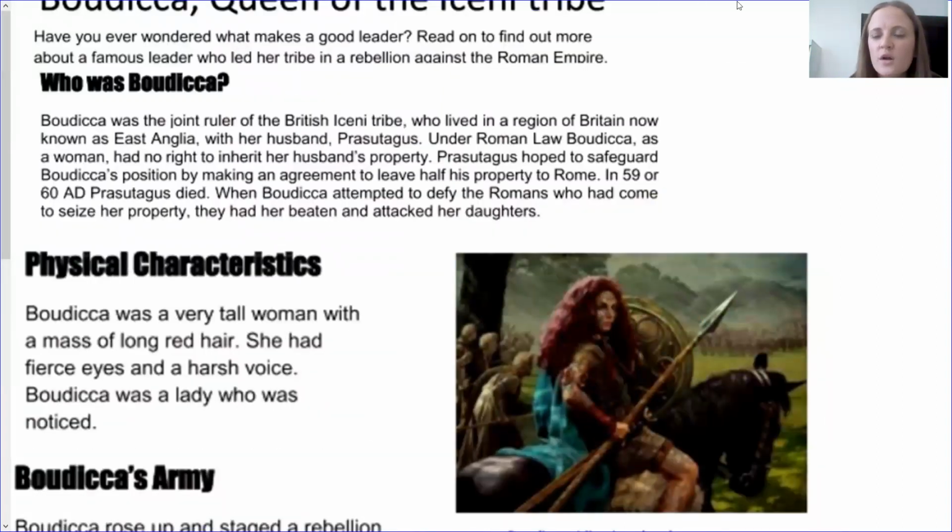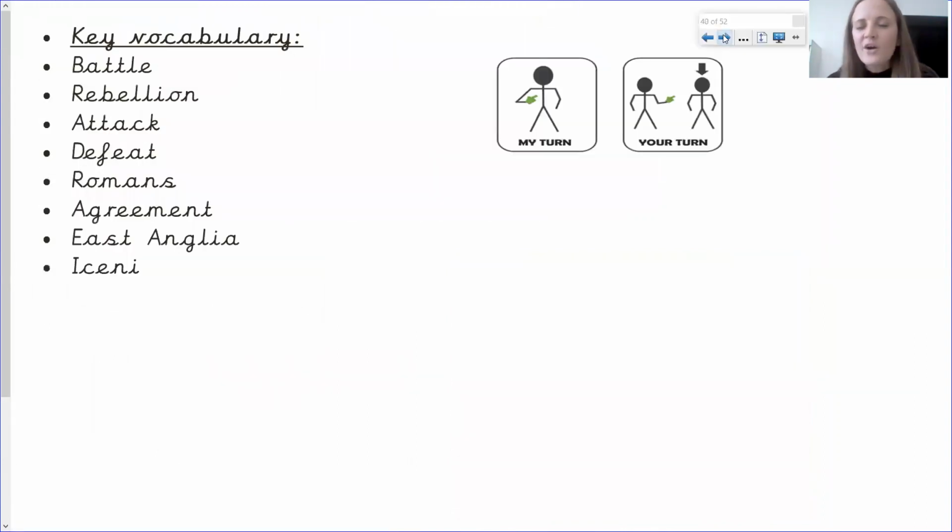So let's move on to our next slide. Our key vocabulary today are the following 10 words. I'm going to read them to you, or sorry, 1, 2, 3, 4, 5, 6, 7, 8. We've got 8. I'm going to read them, so my turn, your turn. Battle. Rebellion.